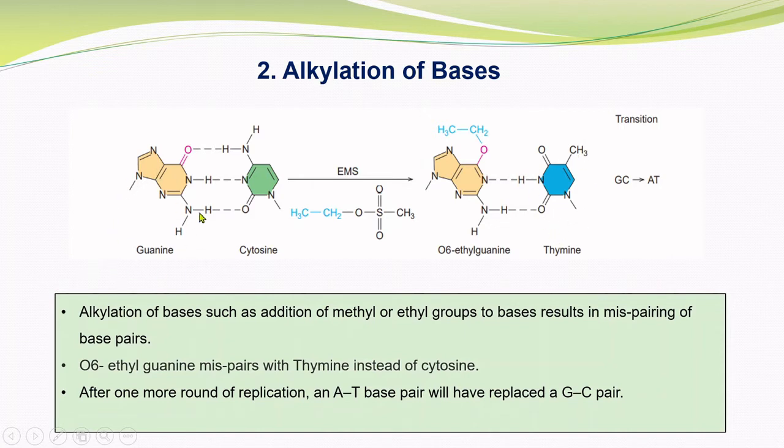This is the normal guanine, and after the alkylation, here the ethyl group is added to guanine and it becomes O6 ethyl guanine.